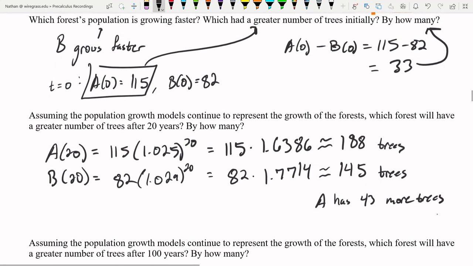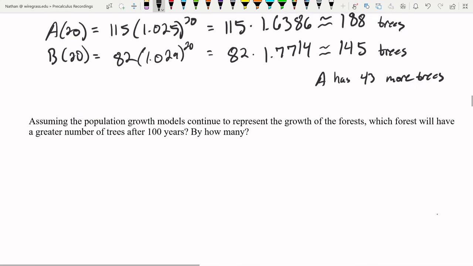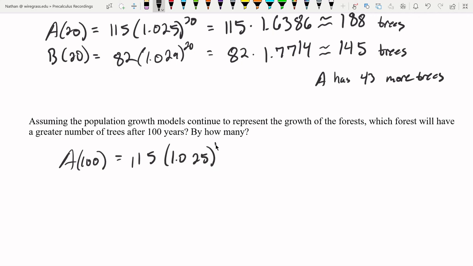Okay. Well, the next question is, let's extend this out a little bit and ask, after 100 years, does B have more trees? Well, A of 100, 115 times 1.025 to the 100 power. Multiplying that all out, I'm getting about 1,359 trees.